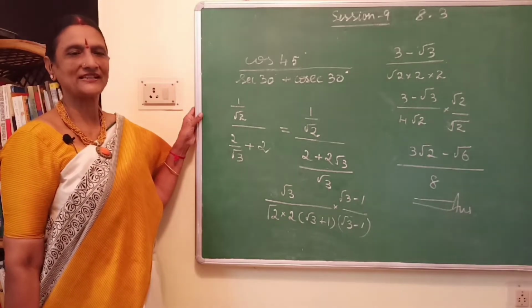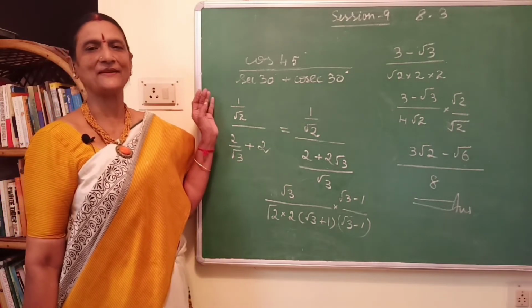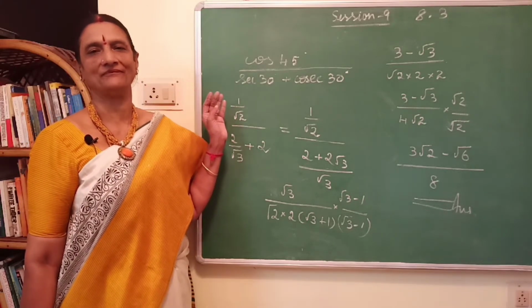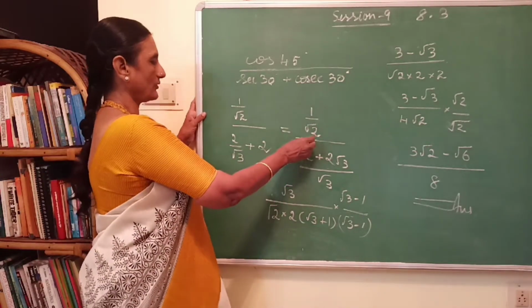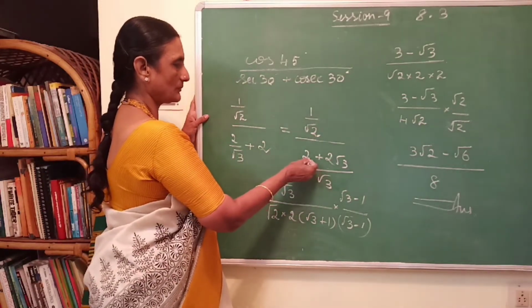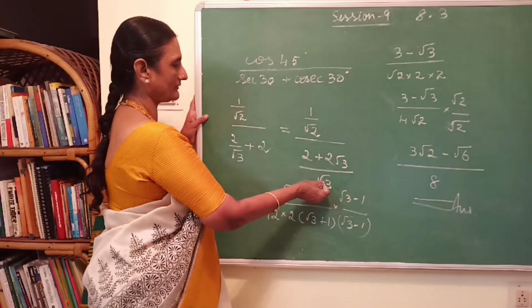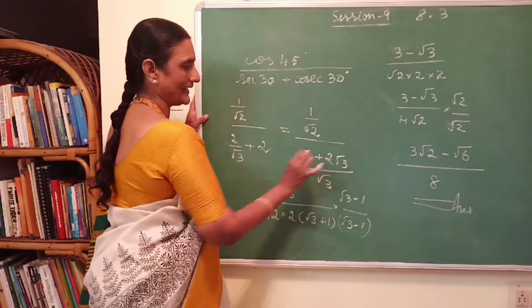Hope you have finished the sum. Anyway, please check whether you have written down the necessary steps. If these sums are correct, you can give 5 on 5. Use these values in various sums. So, 1 by root 2 divided by 2 plus 2 root 2 we have got. And there is 1 root 3 which is taken as the common denominator, and the terms are balanced.